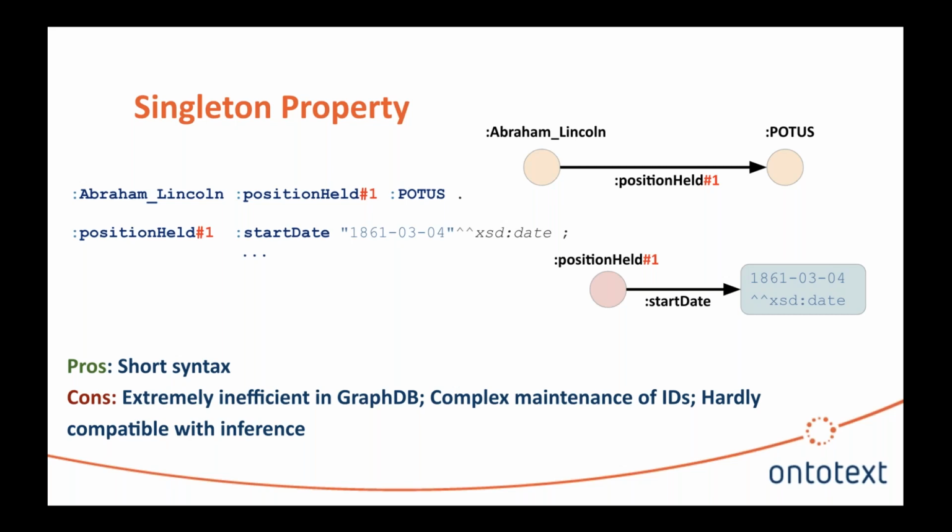If this statement changes, you need to delete it and update it. Also, this is fully incompatible with inference, because your inference schema would need, for every statement ID, something on how to interpret it. So more or less, you cannot combine it with inference in any of the existing engines.